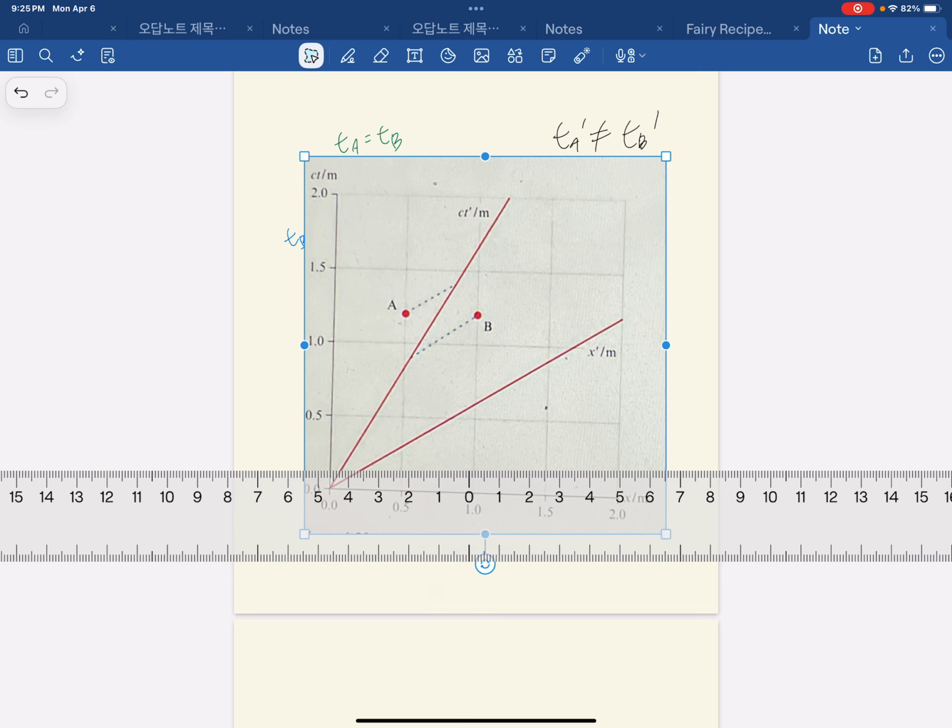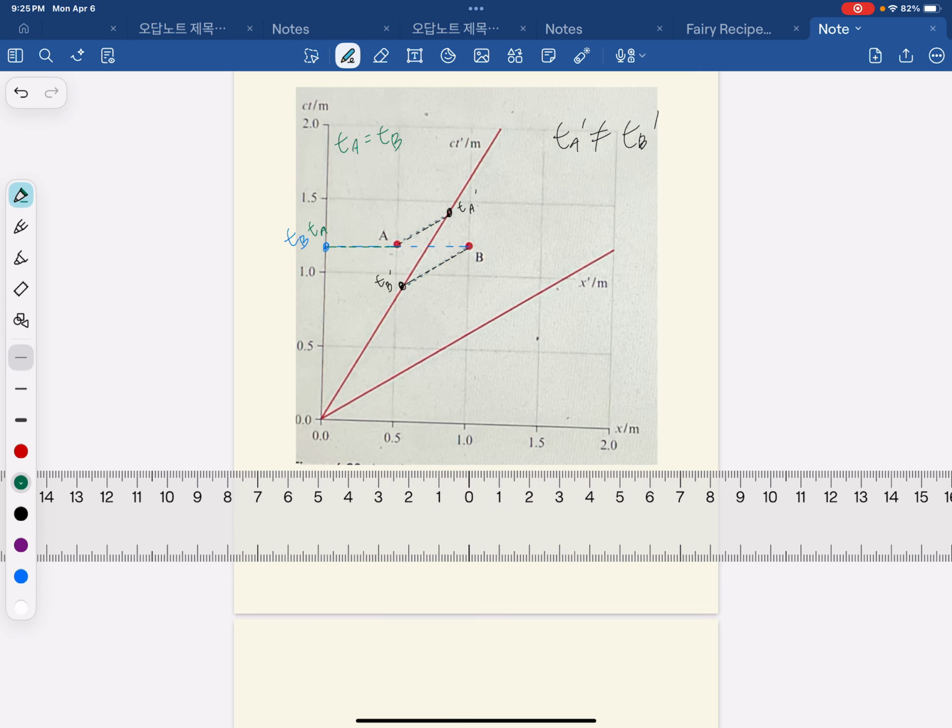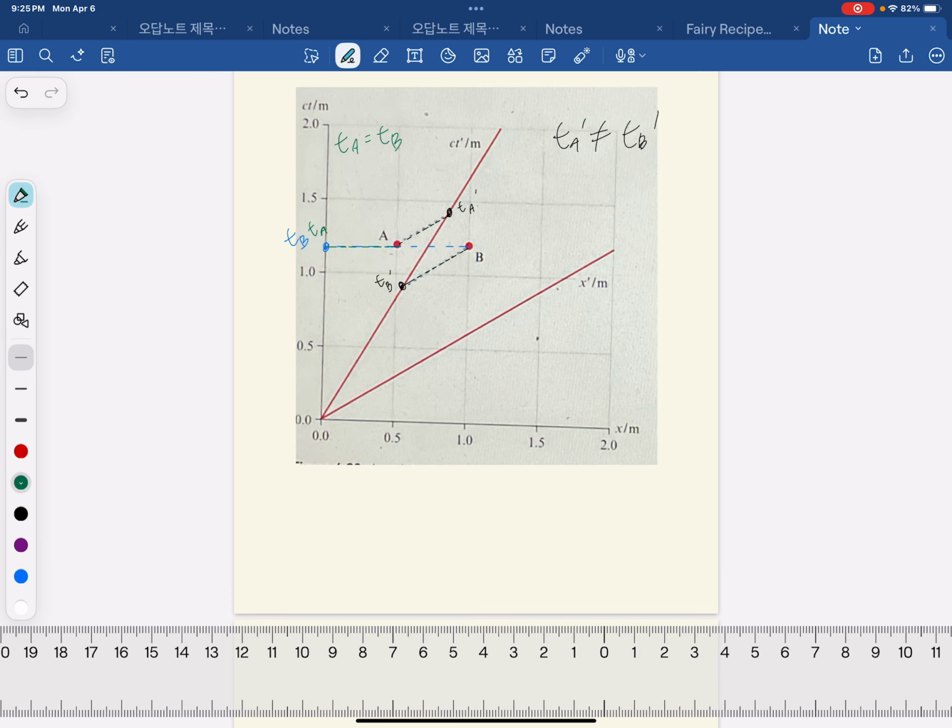Therefore, I'm just going to write it out so that it's extra clear for you guys: event A and event B are simultaneous in the stationary frame. Why? Because TB equals TA.